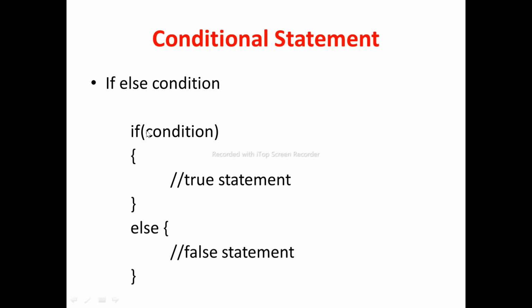This is the syntax of the if else condition. If, in brackets, we can write the condition, after that here is the true statement, else after that here is the false statement. If the condition is true, then it executes this statement, otherwise if the condition is false, then it executes the false statement.